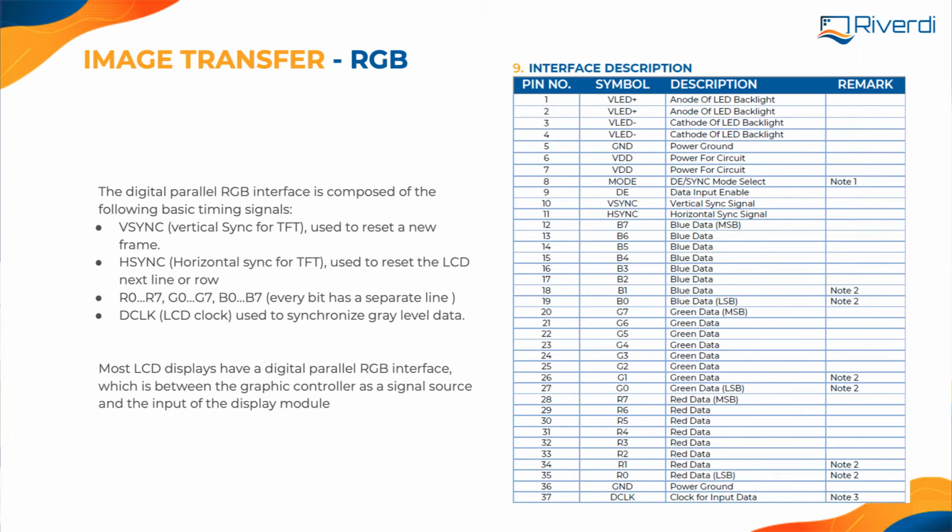The next image transfer interface is actually an older interface. It's called RGB, from the colors red, green and blue, of course, that we send in parallel to the display.